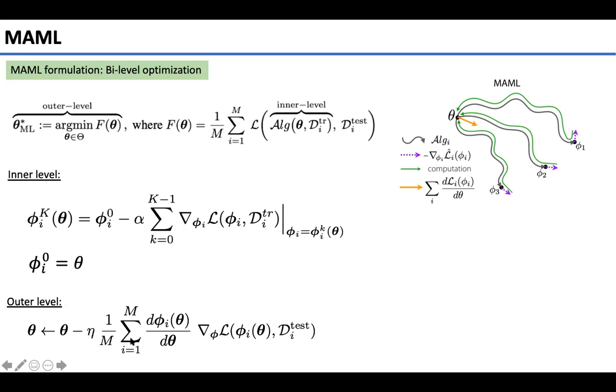So when we sum over m tasks, that's actually computing the gradient of the original objective function with respect to the meta model. As we can see, this is the gradient of the local model of the i-th task with respect to the meta model.